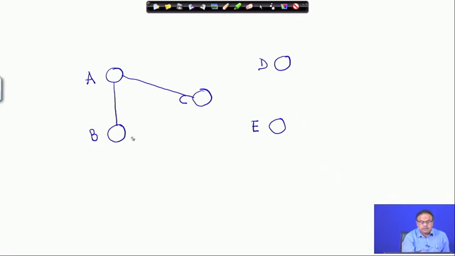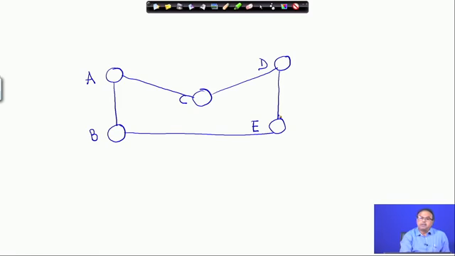Let us now move to another type of problem. Say, I have got a number of places, let us name the places A, B, C, D, E. Now, suppose these are some cities, and we have got direct paths among some cities, and there is no direct path among some cities, all right.